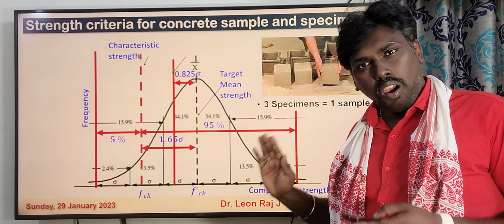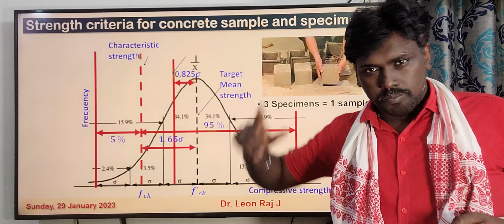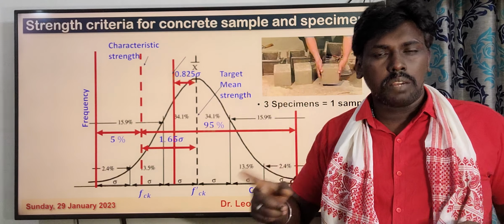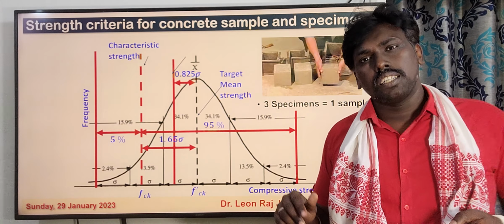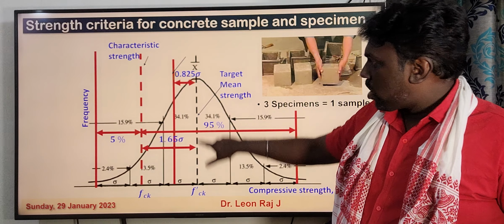If you are testing 50 samples, only 2.5 samples, which is not possible, so 2 samples can be less than the characteristic strength. If you are testing 30 samples, only 1 sample can be less than the characteristic strength. If you are testing only 3 samples, none of the samples should be less than the characteristic strength. That is what this graph is showing. So this is the target mean strength.